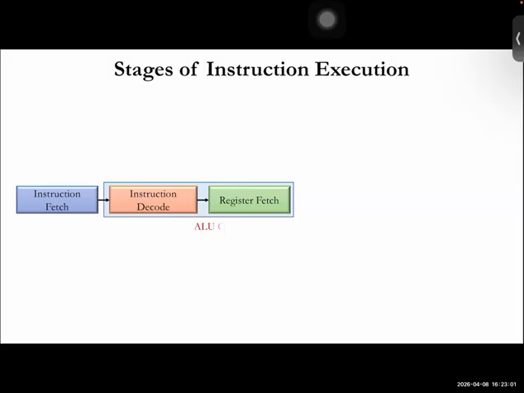In the execution stage, for different operations, the first is arithmetic and logical operations. Arithmetic operations are addition, subtraction, multiplication, and division, and logical operations are AND, OR, exclusive OR, and NOT operations, all the logic gates which we use to build the circuit.